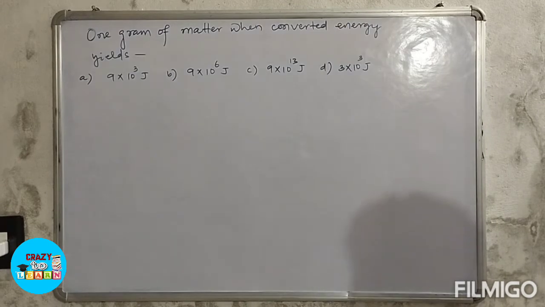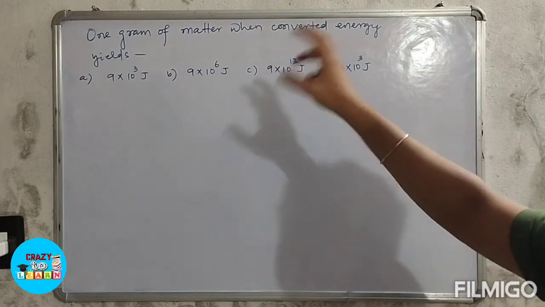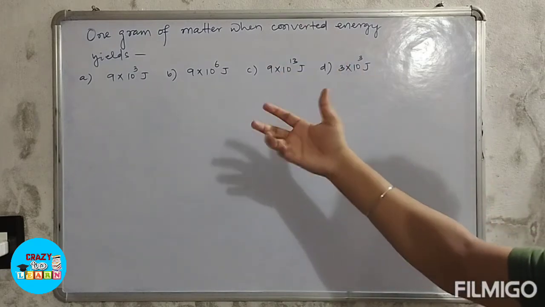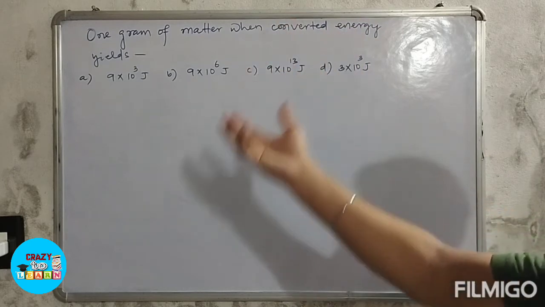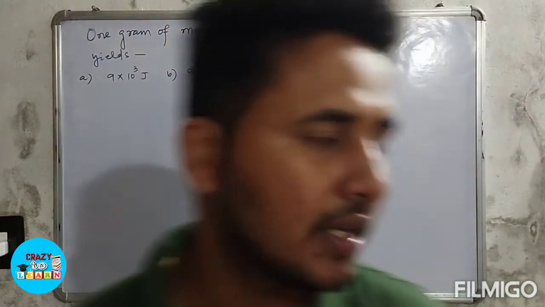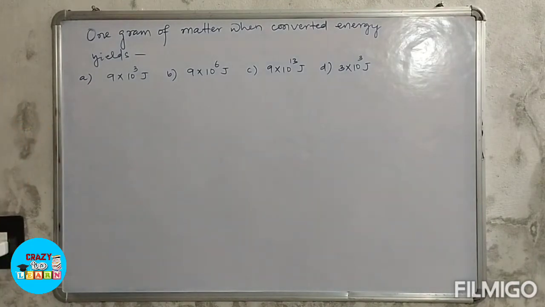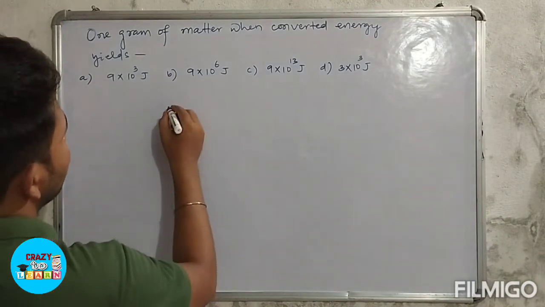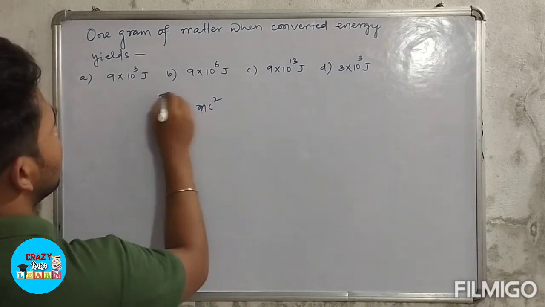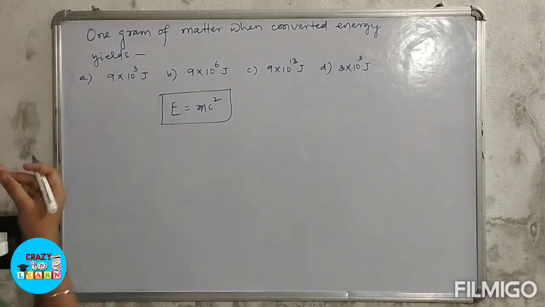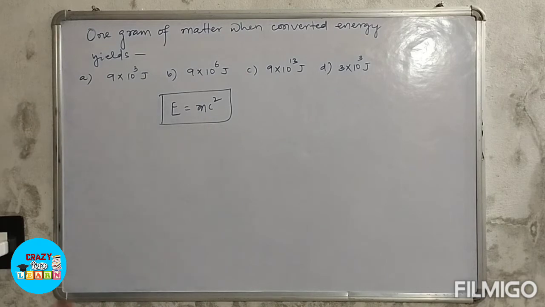Our next question is: when 1 gram of matter is converted to energy, it yields how much energy? So we know the energy-mass formula, E is equal to mc square. We know the energy-mass relation.